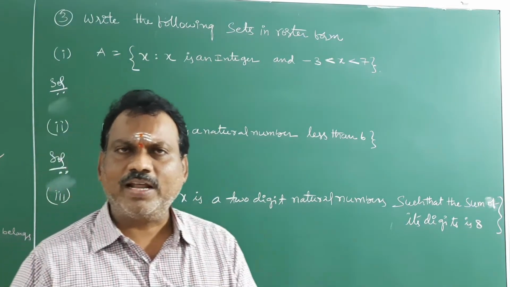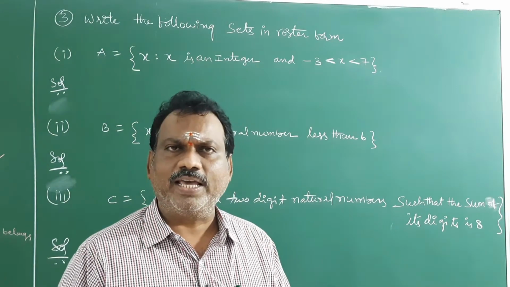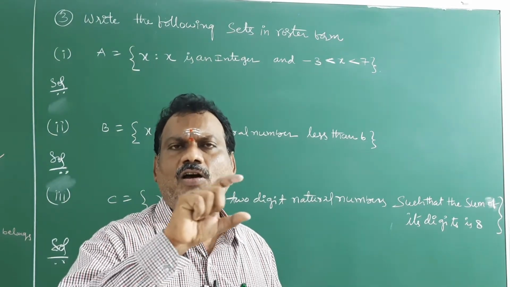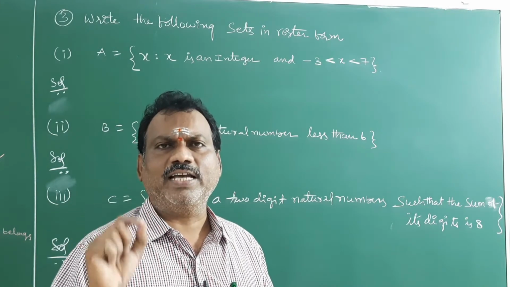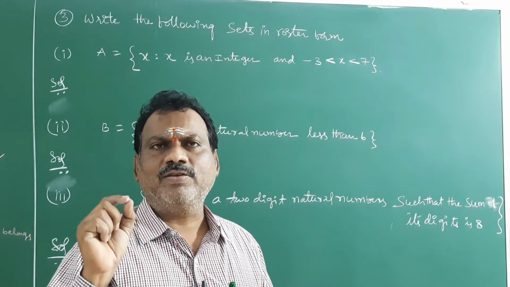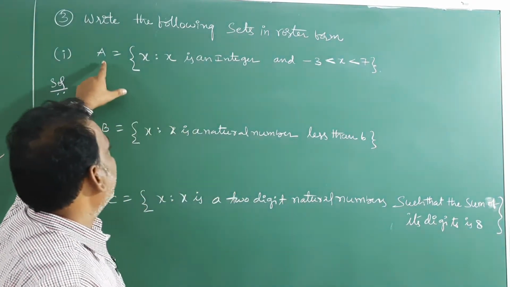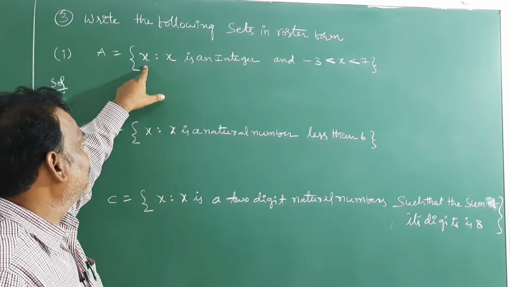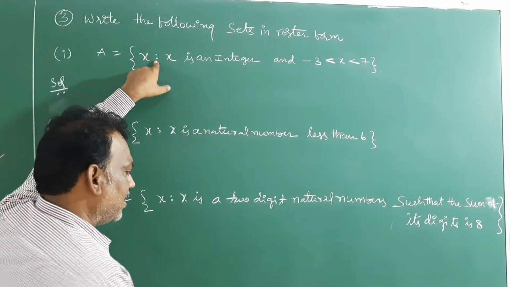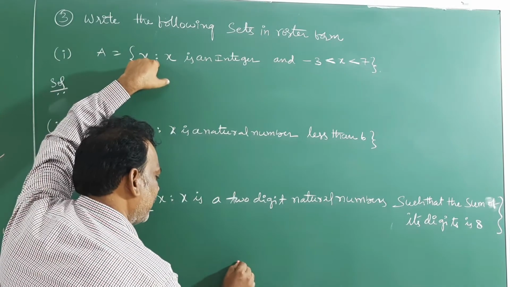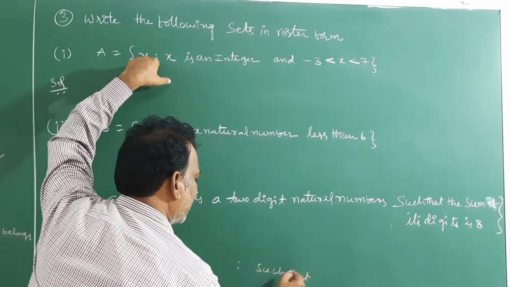What is set builder form? If the given elements possess one particular property, we have to denote all the elements by using a common letter x or y or z, and you can write it using the such that symbol. Like this you can see here, A is equal to the set of x such that. This is the symbol for such that. Sometimes they will give a slash also.